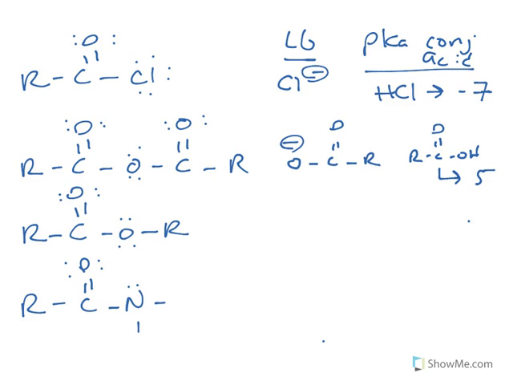So it is considerably weaker acid than HCl. So the leaving group is nowhere near as good, but it's still decent, all right? Because what we have here is a strong acid and a relatively strong acid at 5, all right?